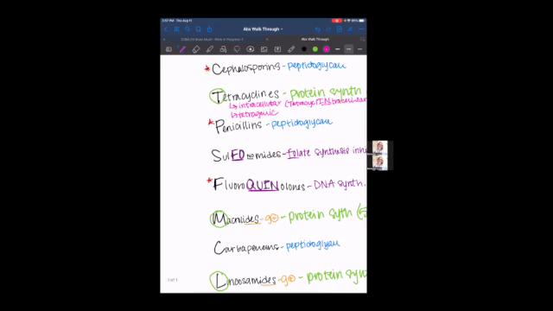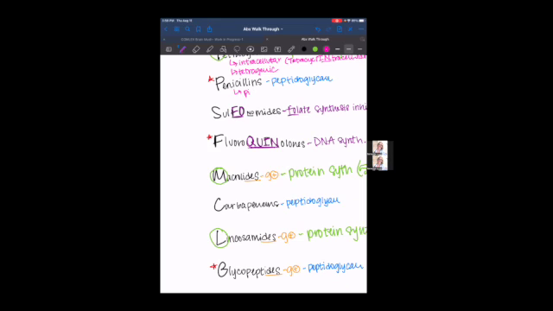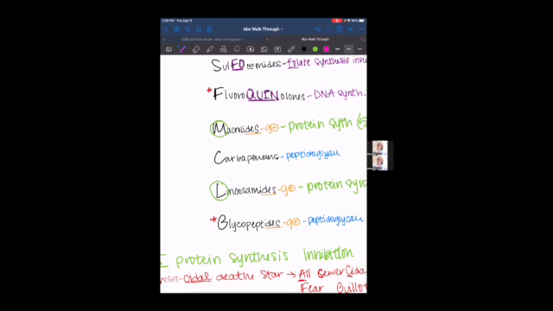For penicillins, we have piperacillin, and that covers Pseudomonas. Fluoroquinolones, so we've got QTs, which means QT prolongation.